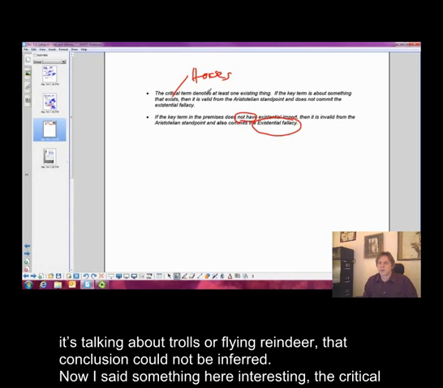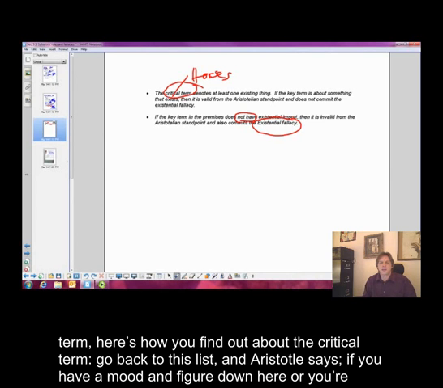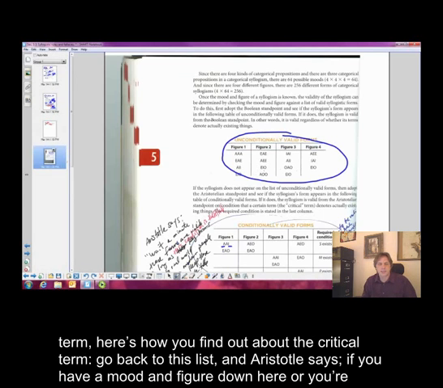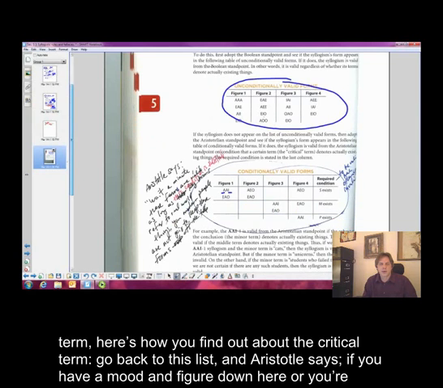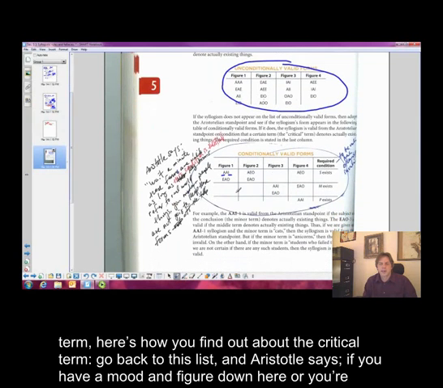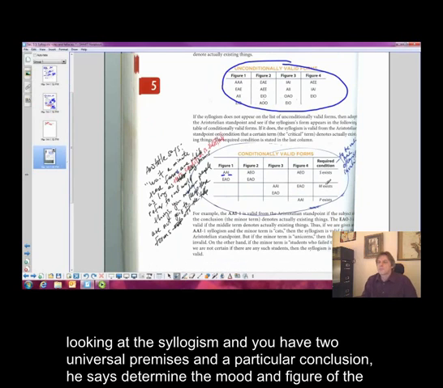Now, I said something here interesting. The critical term, here's how you find out about the critical term. Go back to this list, okay, and let's go down here. And Aristotle says if you have a mood and figure down here, or you're looking at a syllogism, and you have 2 universal premises and a particular conclusion, he says determine the mood and figure of the syllogism.